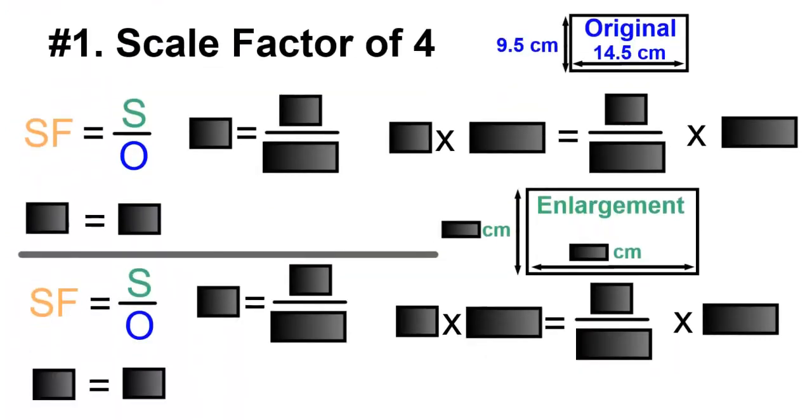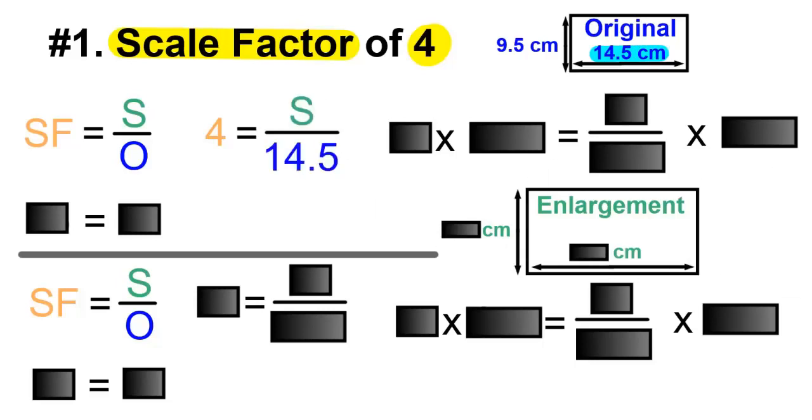Number 1. A scale factor of 4. Scale factor is equal to scale over original. The scale factor will be 4, and for the original, we'll start with the long side of the original box, which is 14.5 centimeters. And the scale of the enlargement is the unknown.